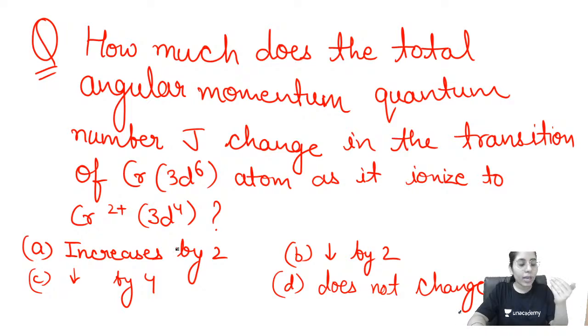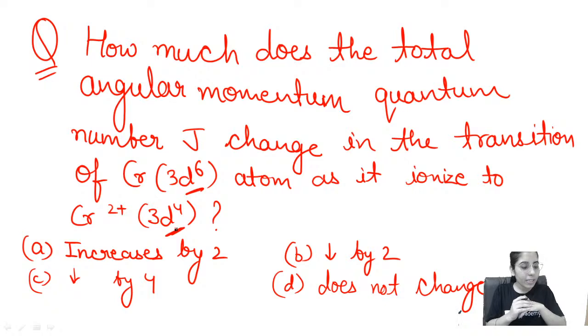Yesterday I told you one method which will help you get the ground state spectroscopic terms easily. Also guys, you can observe that in the CSIR NET exam they give the questions very smartly. See how this question has a smart factor in it. What is that? You can see d6 and d4.